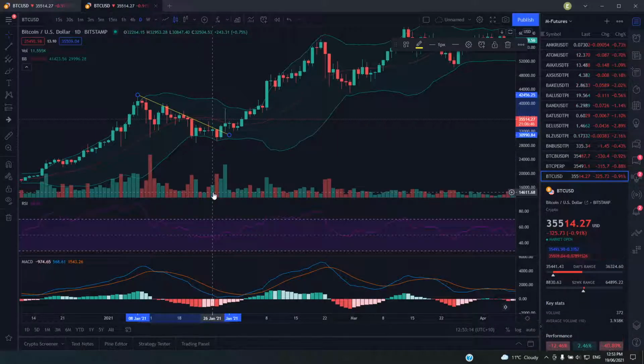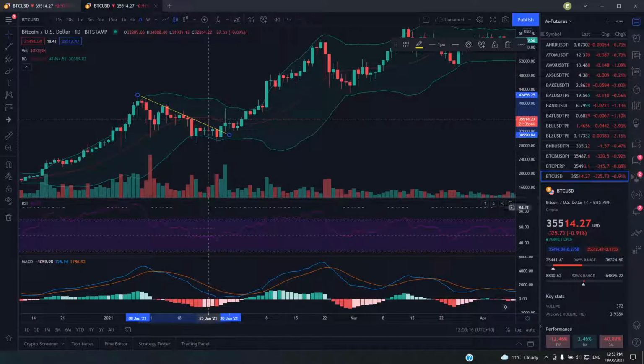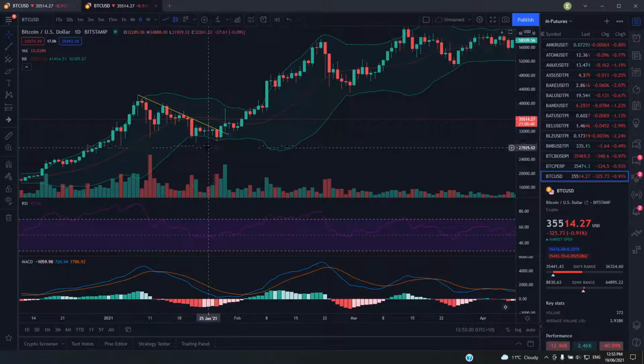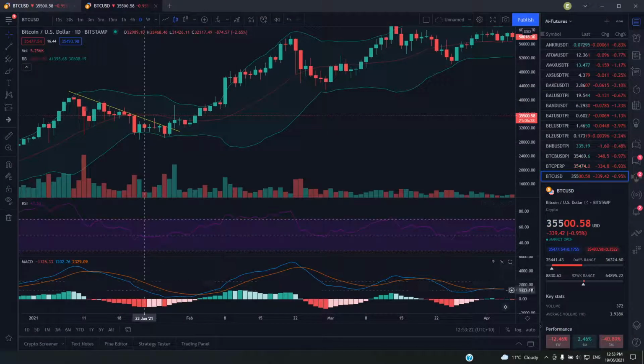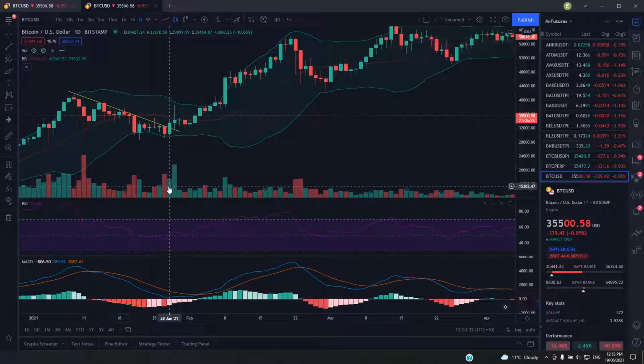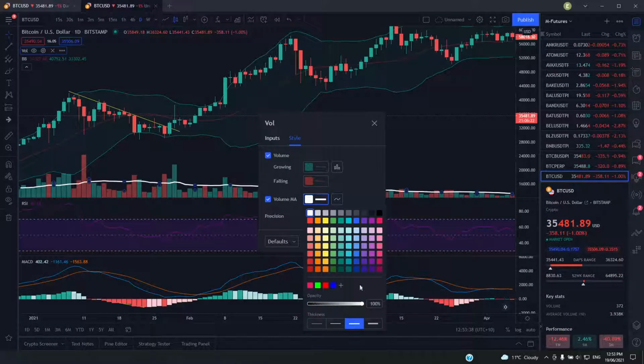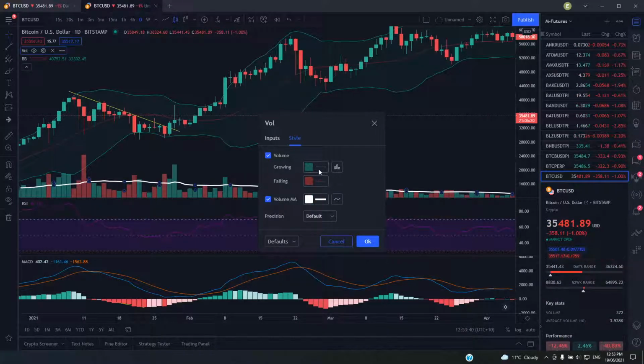Now if we add MACD to this, MACD gives us the signal that the trend is fading in the histogram. We've got a very strong downtrend here. Let me just add the volume indicator there, with a nice thick white moving average.